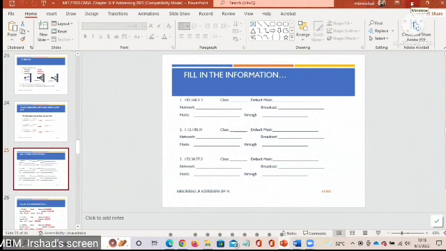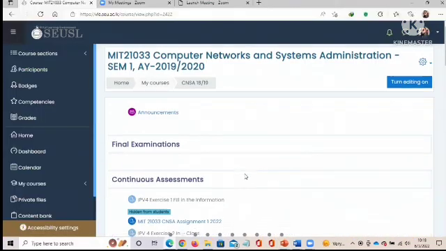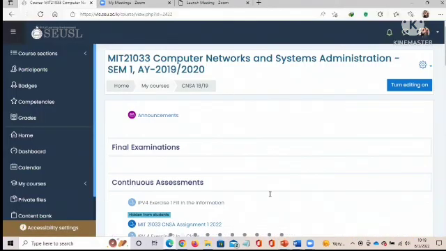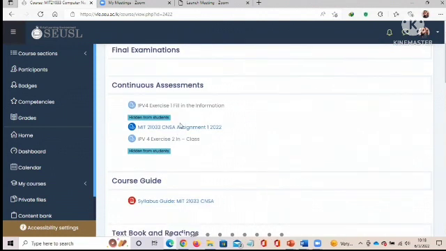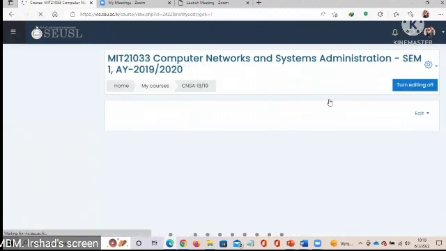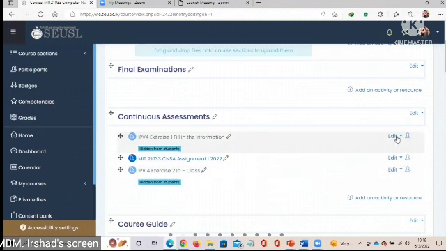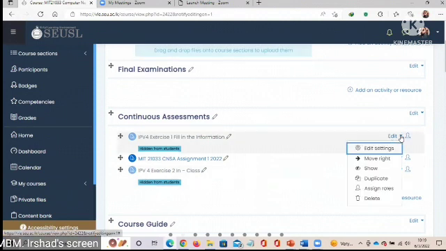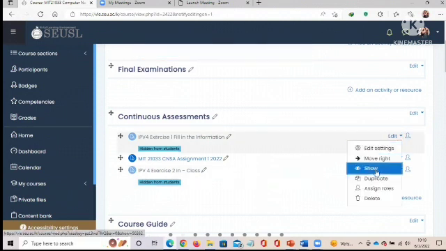Please log into the VLE course page, where the assignment is given.